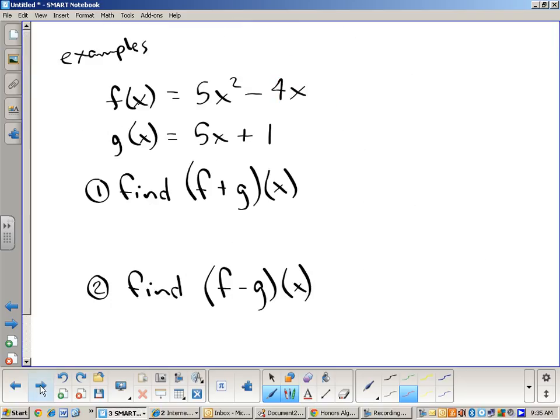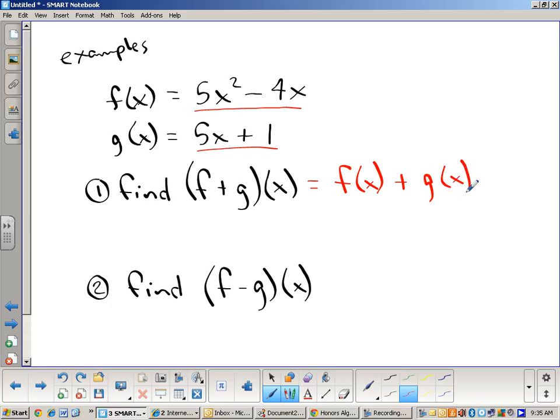All right, first example. If we know f of x is equal to 5x squared minus 4x, and we know g of x is equal to 5x plus 1, we want to find f plus g of x. Well, remember, this symbolism means this is f of x plus g of x.